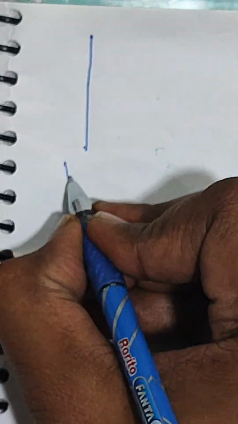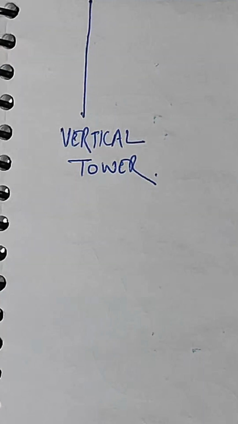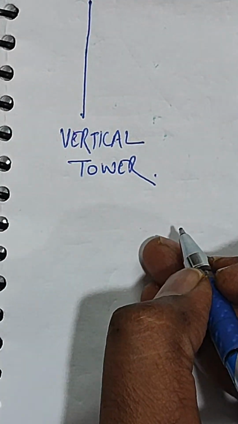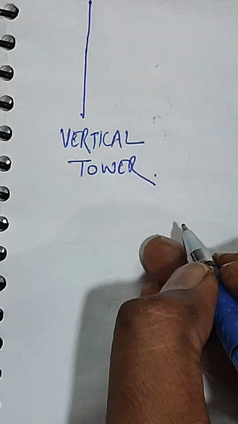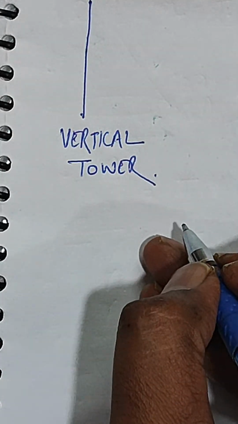Here a vertical tower is given to you. In this question we will see a vertical tower stands on a horizontal plane and is surmounted by a vertical flag staff at a point on the plane 70 meters away from the tower.